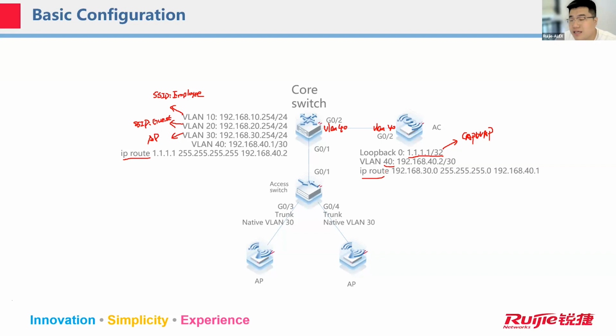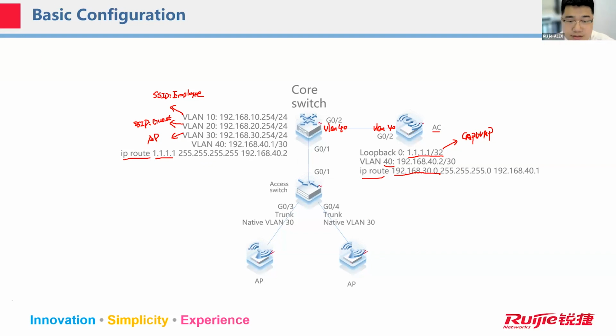By using these two static routes, we can establish the communication between the AP and the AC, because 1.1.1.1 is the AC. 192.168.30.0 is the subnet of the AP. Okay, so this is what we should do during the basic configuration.